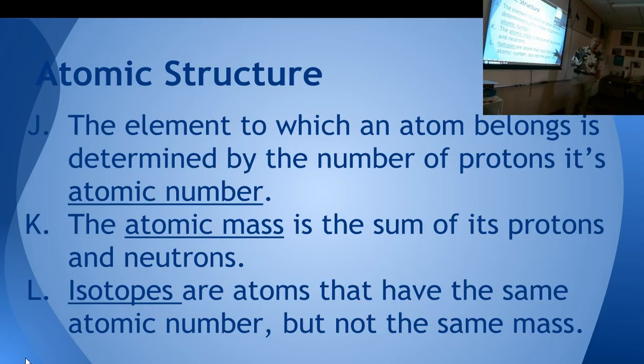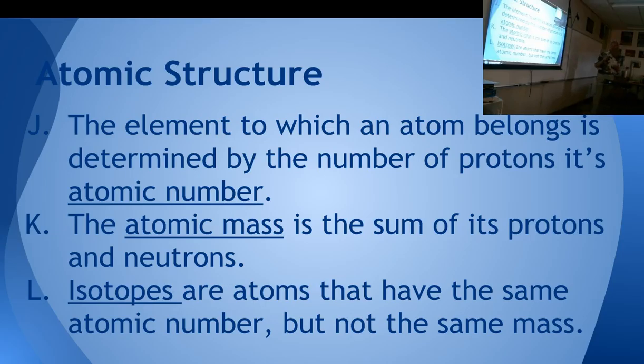So when we look at an atom and we want to know what element that atom belongs to, there are lots of properties of atoms, but the one that determines the element it is, we look at the atomic number, which is the number of protons. So an atom that has 6 protons is carbon, and it doesn't matter if the atom has 6 neutrons or 8 neutrons or 6 electrons or 4 electrons.